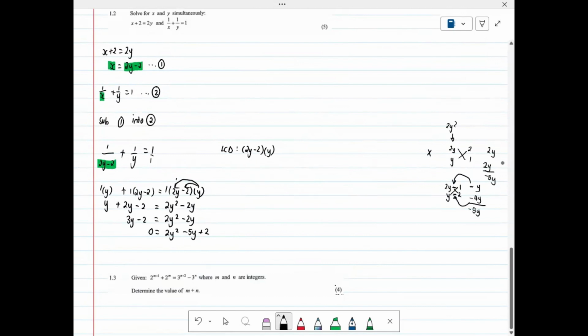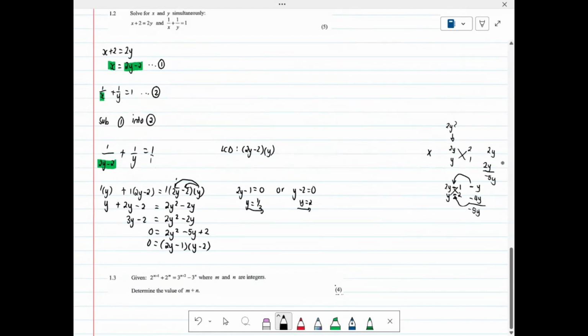So here are our factors. It is 2y minus 1 times y minus 2. So our solutions are 2y minus 1 is equal to 0, which means y is equal to a half, or y minus 2 is equal to 0, which means y is equal to 2.